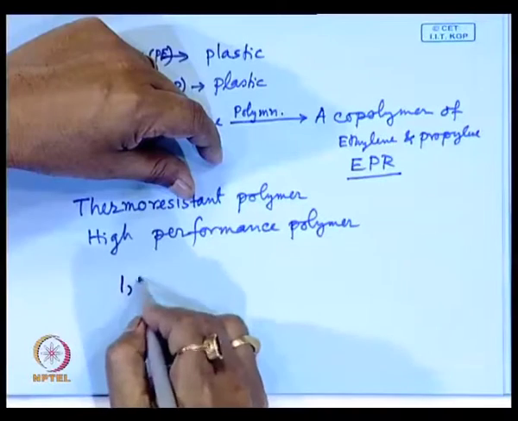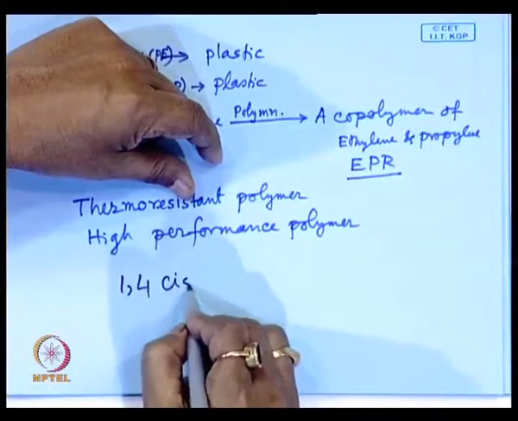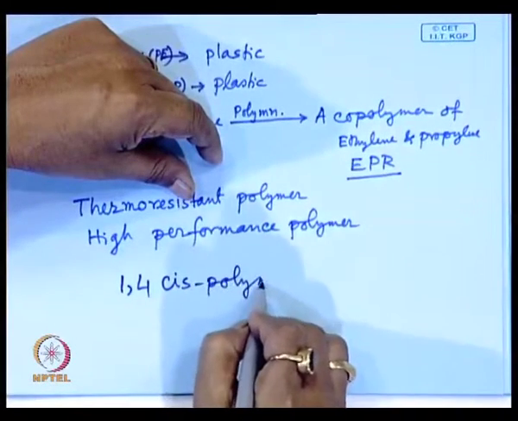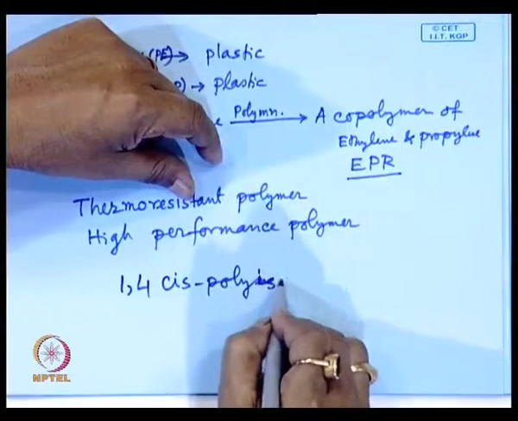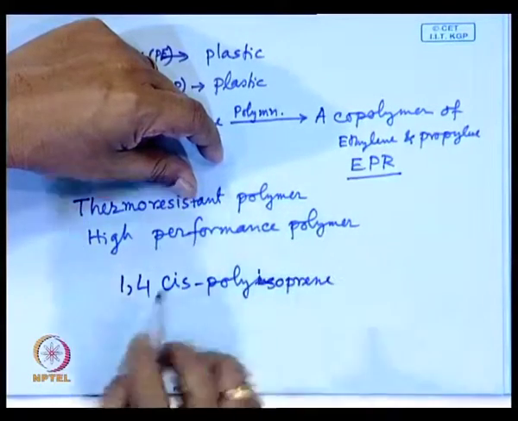So, here ethylene and propylene copolymerize, and you will get a rubbery material. We have polystyrene, we have styrene, we have butadiene. So, make a copolymer of styrene and butadiene, that is a rubbery material, and that is a substitute for natural rubber. Also, the chemical constitution of natural rubber, you will see, is 1,4-cis polyisoprene.